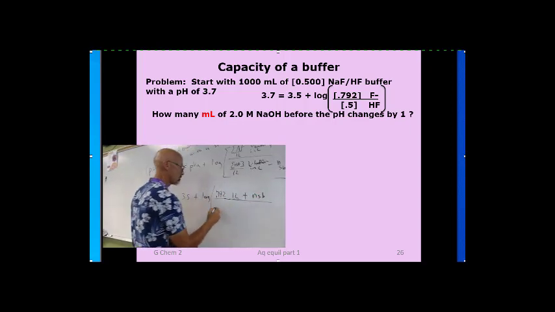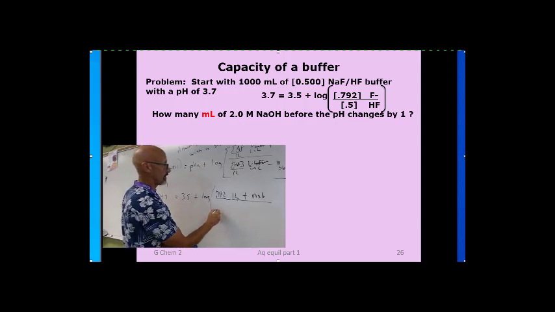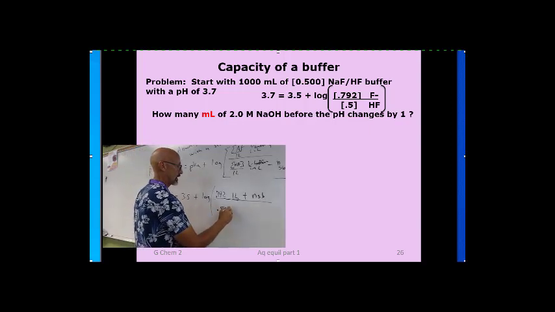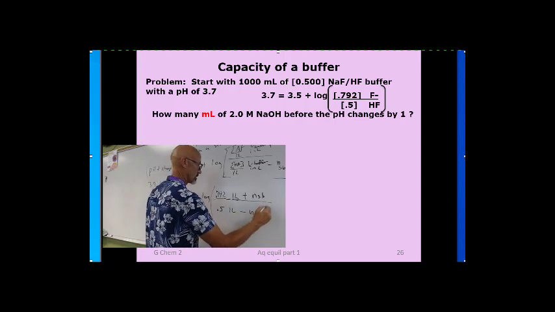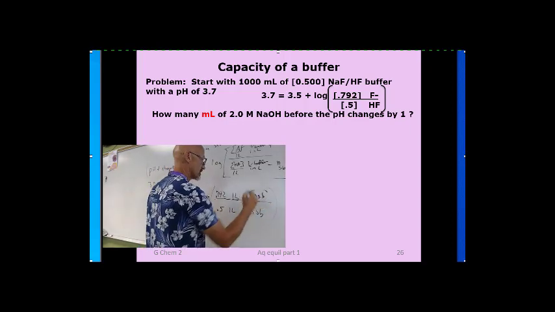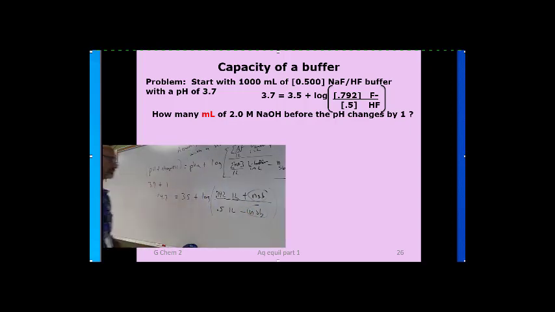And on the bottom, 0.5. Got a liter of this stuff, minus N strong base. I'm trying to solve for this. How many moles of this can I add, right? So what do I do mathematically?